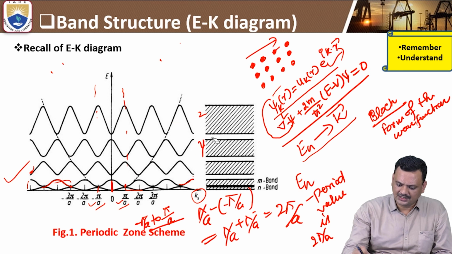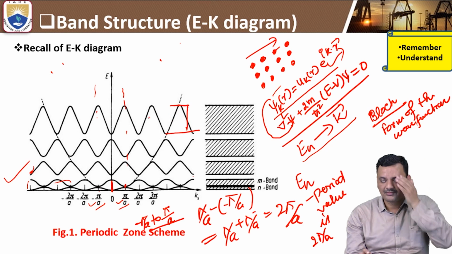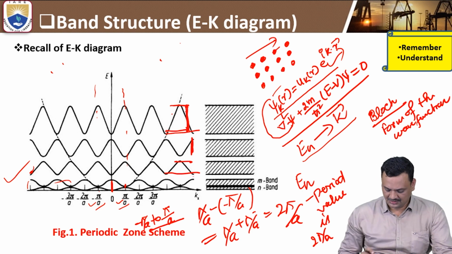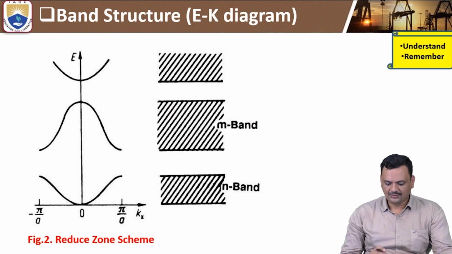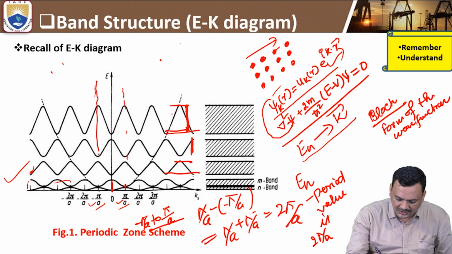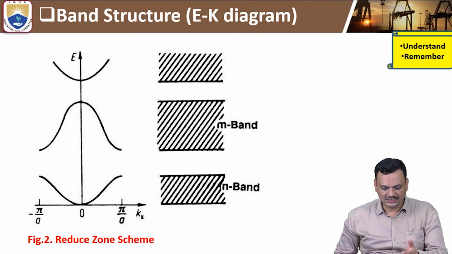This is the second thing. One another interesting thing is what I already told. This is your band. In between these regions, some allowed energy values are there. Okay, this is your band. So this thing is known as bandwidth. Okay, now what is this? This is reduced zone scheme. When you only restrict yourself in this region, means minus pi by a to plus pi by a region, the same plot is here.